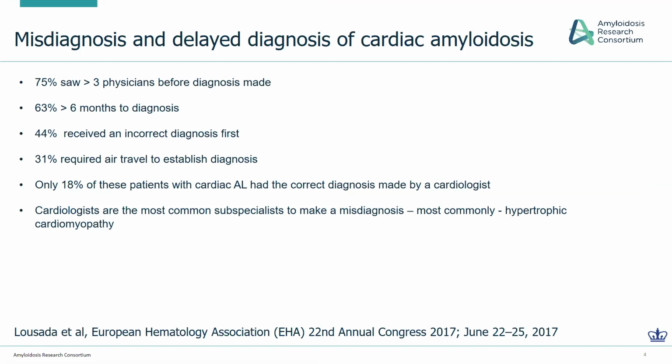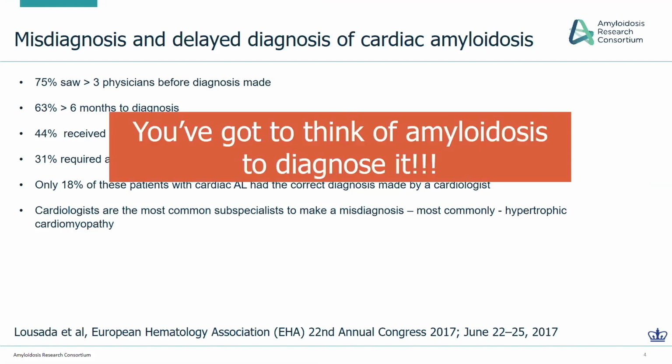And for more than 60%, it took more than 6 months to make a diagnosis. And unfortunately, many received an incorrect diagnosis initially. Many individuals also had to travel to establish a diagnosis. And the most common misdiagnoses, particularly by cardiologists, were either hypertensive heart disease or hypertrophic cardiomyopathy. So there's great room for improvement, and we hope PYP scanning will assist in an earlier diagnosis.